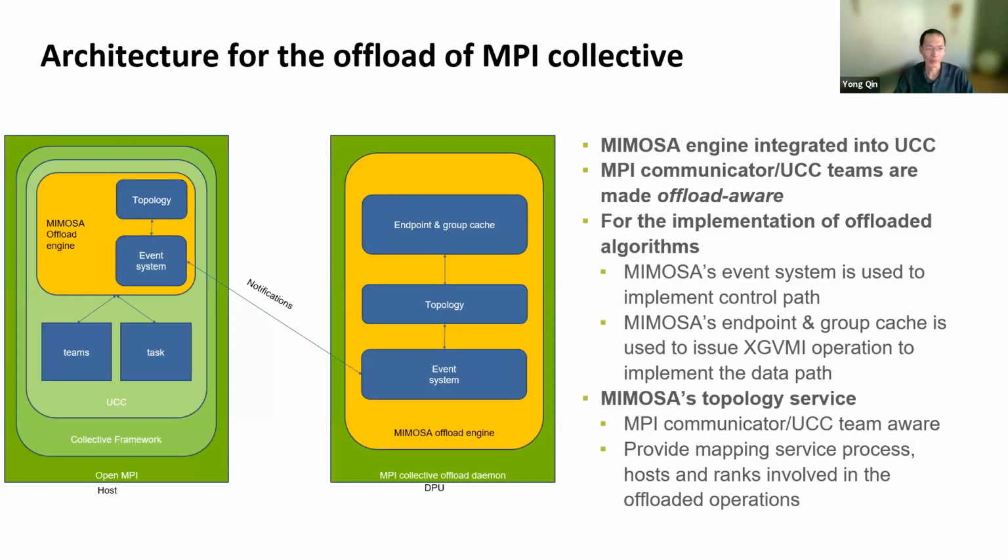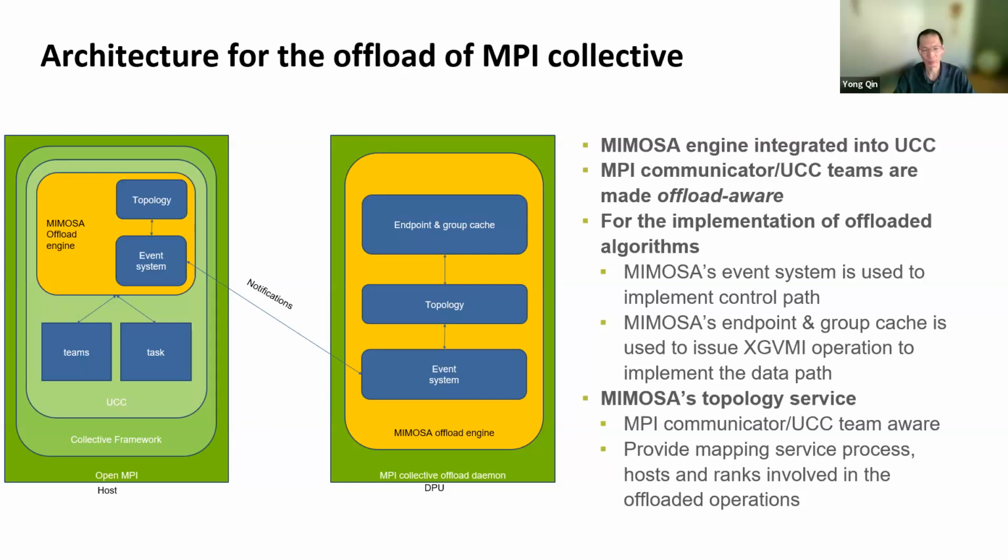This slide shows how the UCC that we developed takes advantage of this offloading library, and how we use it to do the communication. The left-hand side has the host, and running on the host is the Open MPI process. Within that, there is the collective framework such as UCC.